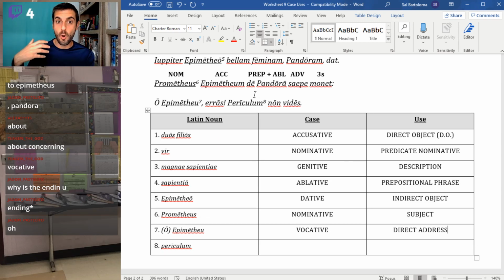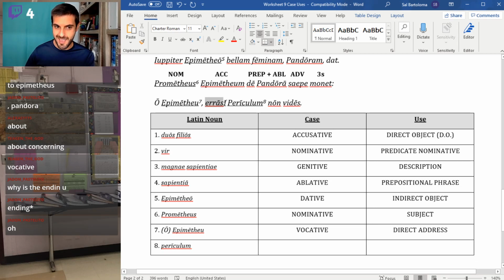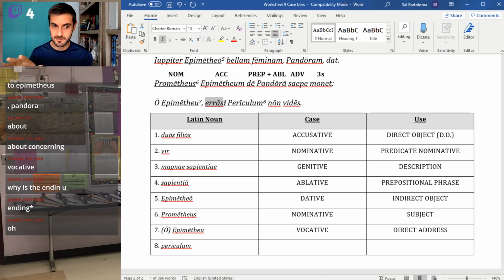So he says, "O Epimetheus," and this is not a typo. Erras, errare with two R's, not eras like eram, eras, erat. This is erras. What do we think it means, errare? E-R-R-A-R-E. He says to his brother, "Oh, brother, you are what?